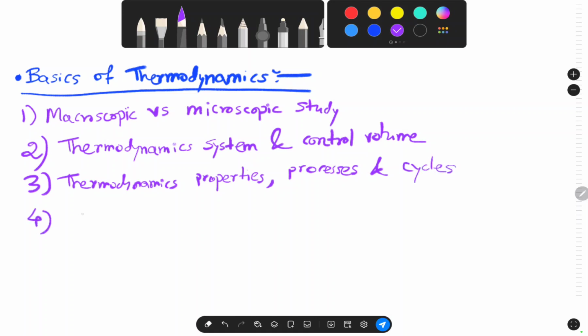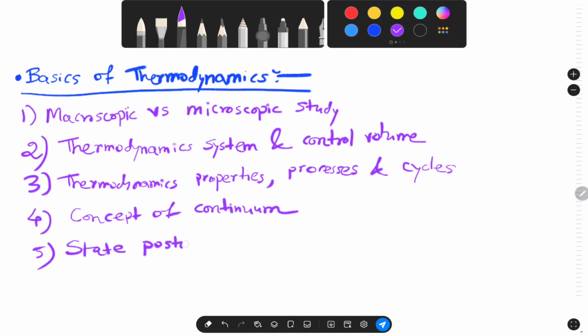Fourth, concept of continuum. Fifth, thermodynamics state postulate, that is related to the study of pure substance.